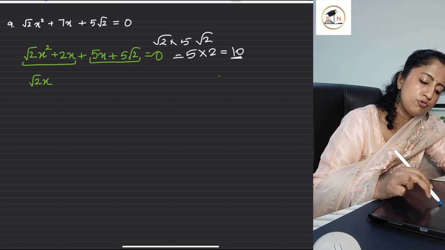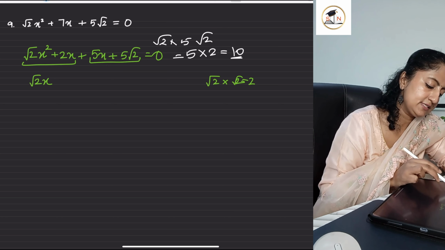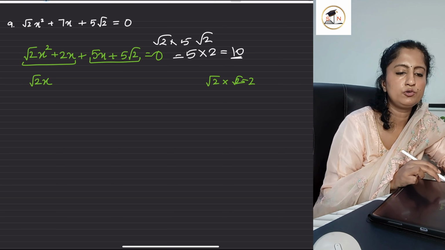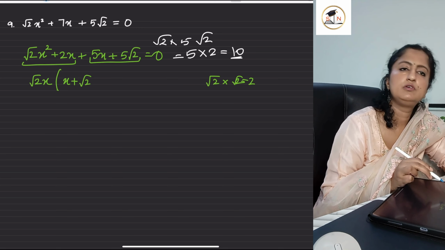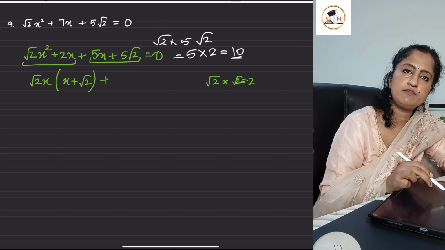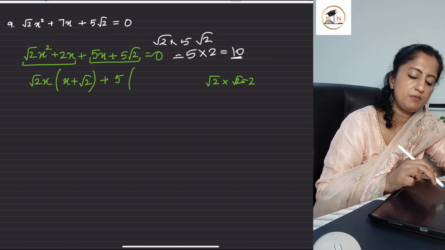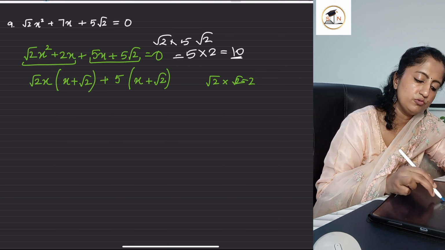If you multiply root 2 into root 2, you get 2, right? That means the 2x can be considered as a product of root 2 into root 2x. So when I take that out, I am left with x plus root 2, right? And after that, we have 5x plus 5 root 2. So over here, it is very clear, 5 being a common factor, leaves us with x plus root 2.